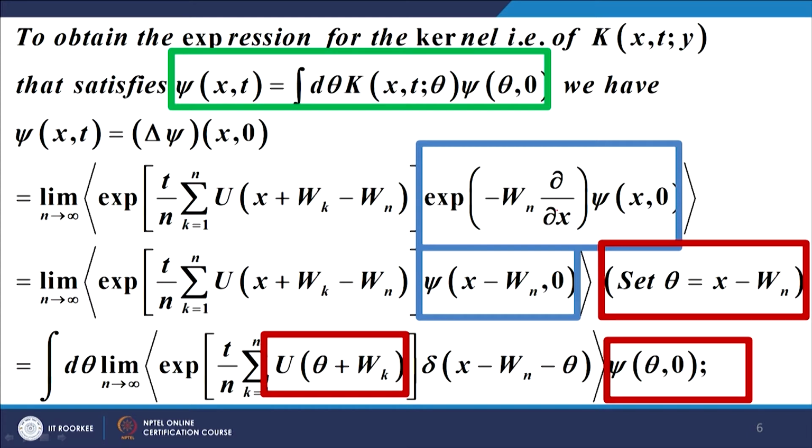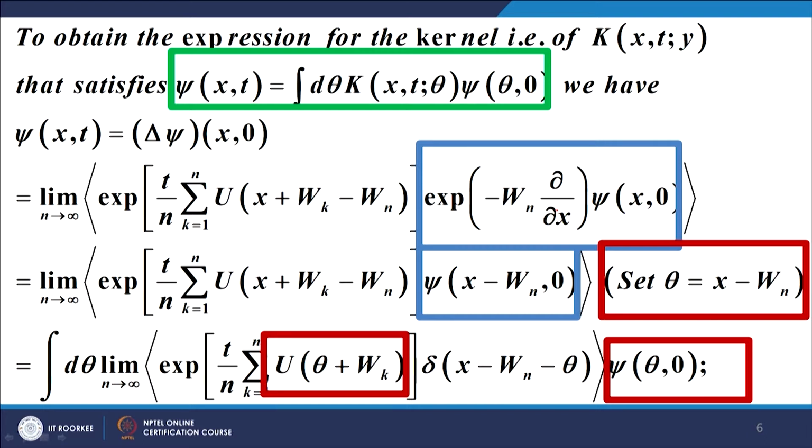Because it is a derivative with respect to the spatial coordinate, it shifts psi from x to x minus Wn. The 0 is the time coordinate, so it does not affect the time coordinate, because there is no time coordinate involved in the derivative. Only the spatial coordinate is there, and it gives you psi of x minus Wn, 0.